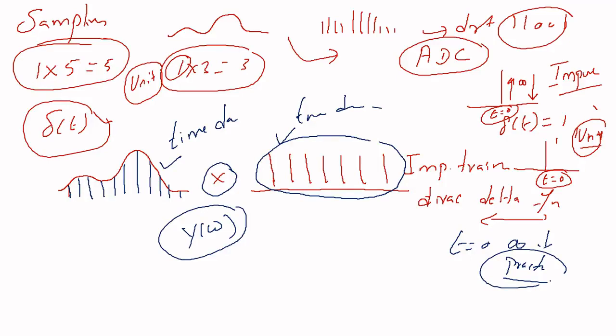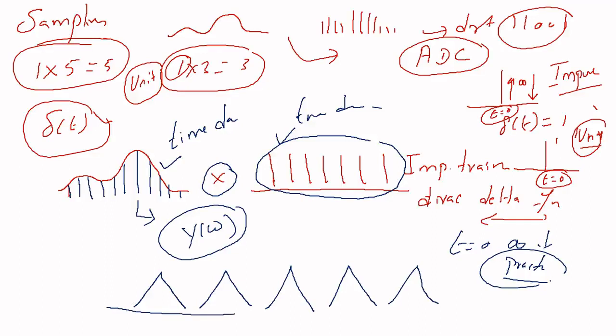We draw this y of omega in the frequency domain. The shape depends upon the input function; I am just arbitrarily drawing this. Since we multiply with the impulse train, it will leave a lot of shapes like this.